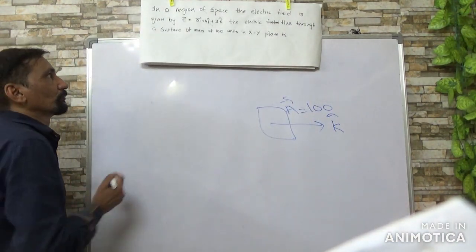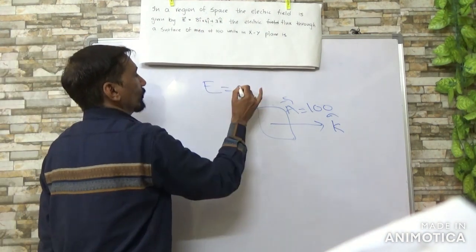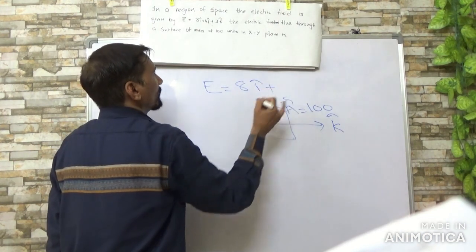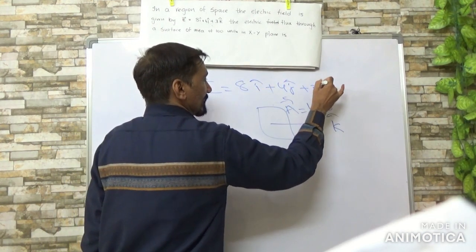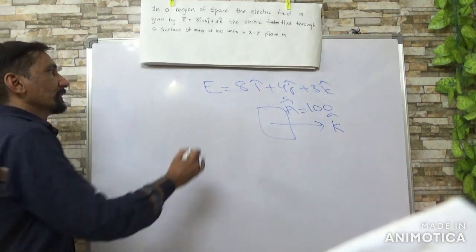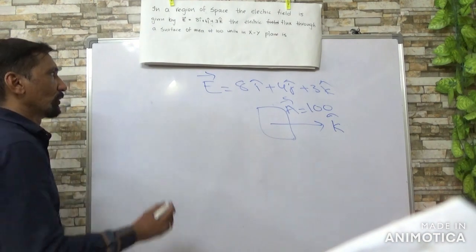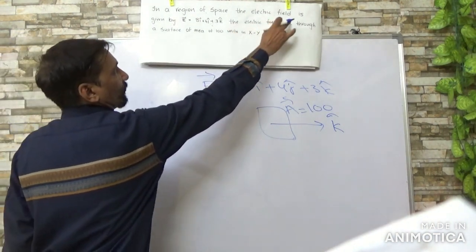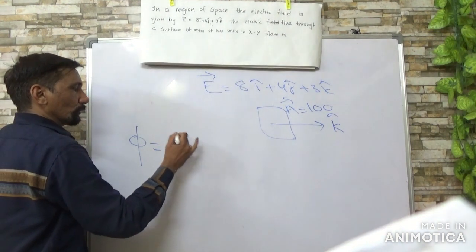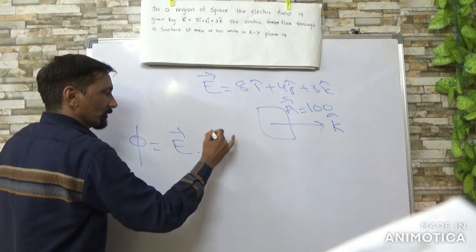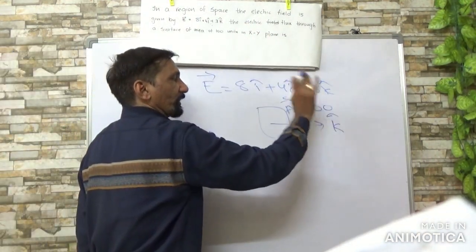E is given as 8I plus 4J plus 3K. It is the strength of the electric field, and this is the area. You want to find the electric flux. So flux equals E bar dot A bar. It is in the xy plane, that is why you have taken k.